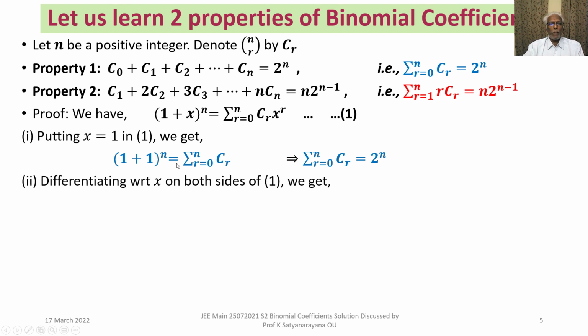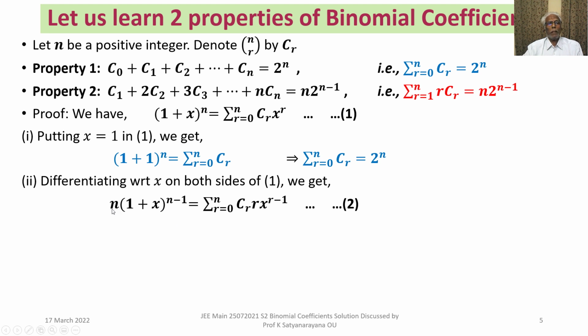Now, take equation 1 and differentiate with respect to x on both sides. We get n times 1 plus x power n minus 1 is equal to the sum of Cr into the derivative of x power r with respect to x, which is r into x power r minus 1, for r from 0 to n. Now put x equal to 1 in this.